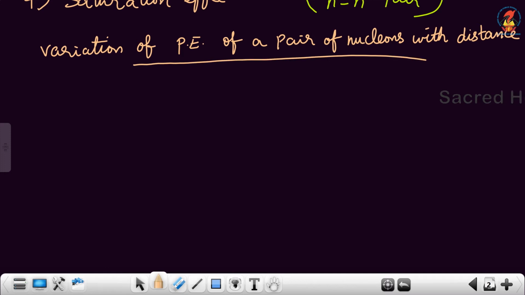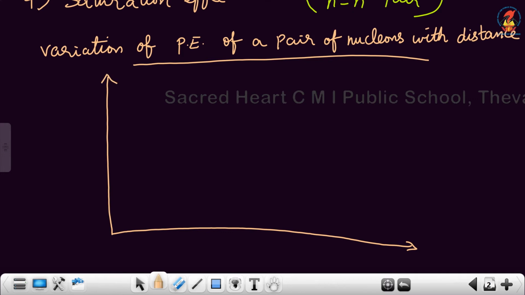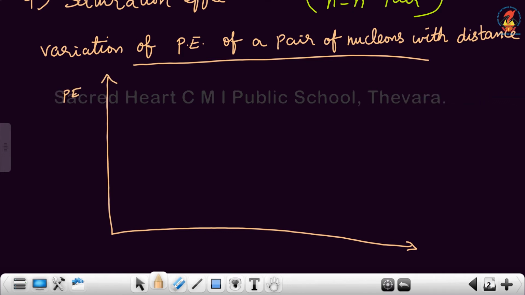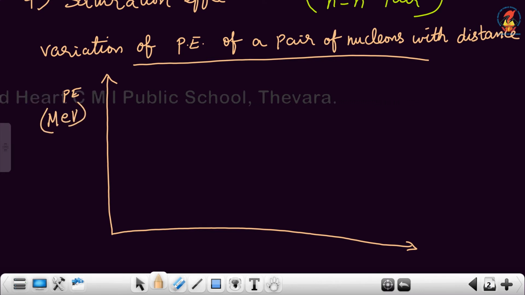If we draw a graph related to potential energy and distance, the graph will be like this. This is the potential energy. It is given in mega electron volt.